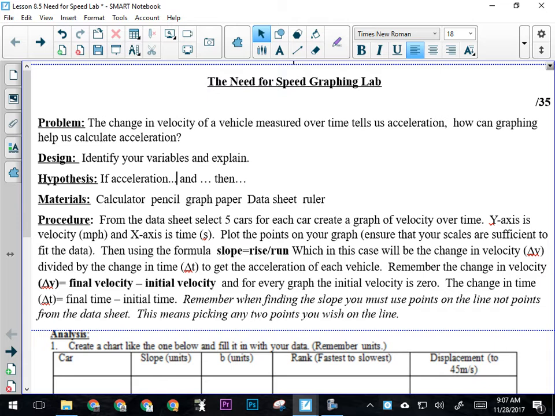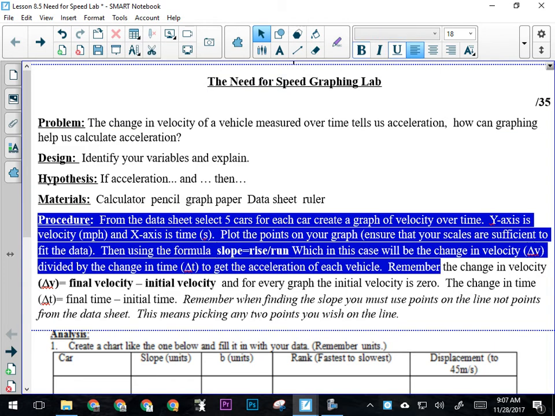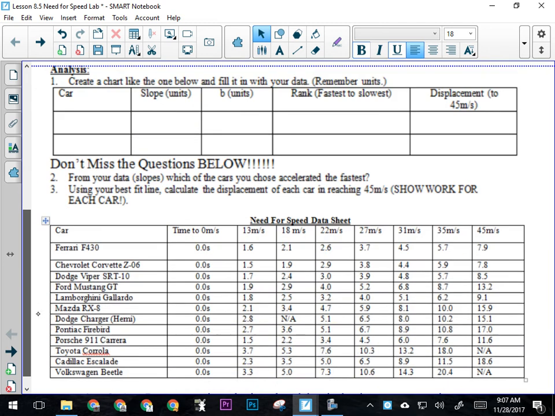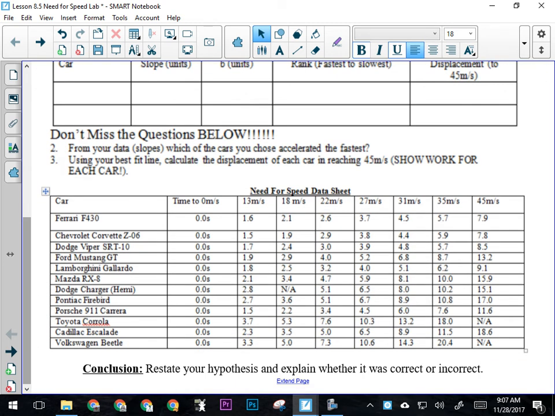Then controlled variables. For the controlled variables, this is tougher because we're not actually running this lab. So I'm going to describe to you the way in which this lab was run, and that will help you decide on some controlled variables. All the cars on this list were taken to the same test facility, where they were all run on the same day, as close to the same time as possible.